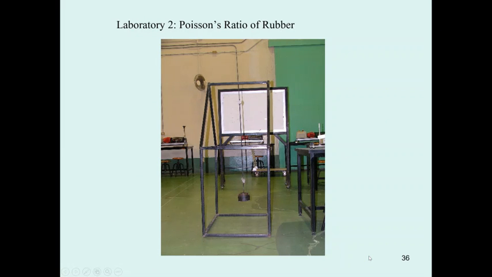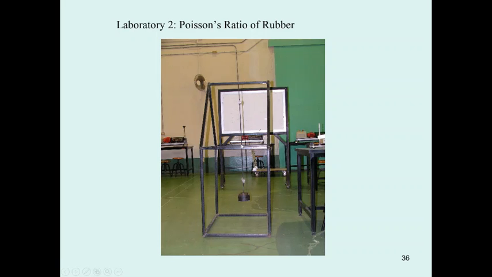The first one I would like to introduce is the Poisson ratio of rubber testing machine. This machine is a steel frame. The rubber is hanging from a support here. When you put weight onto this rubber specimen, the specimen will elongate in tension.